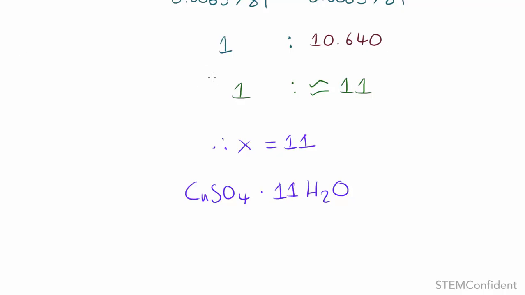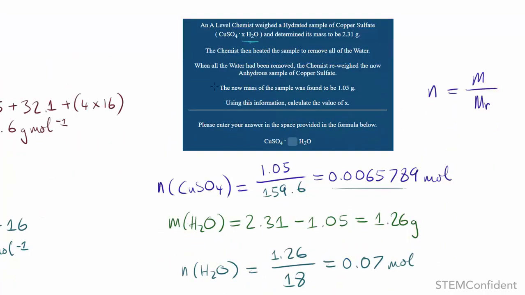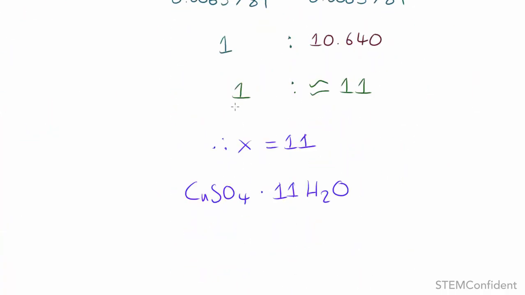Now, because we've made that determination, when we refer back to what the question was asking, to enter the answer in the space provided, the value to enter is going to be 11.